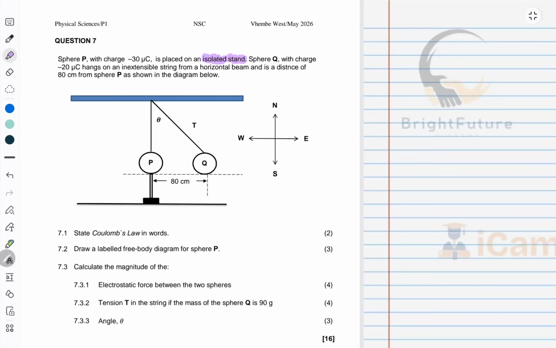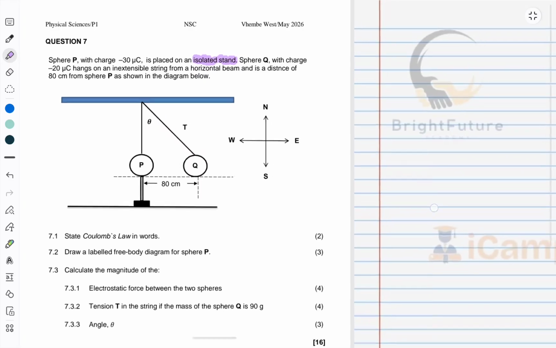Sphere Q with charge minus 20 coulombs hangs on an inextensible string from a horizontal beam and is at a distance of 80 centimeters from sphere P, as shown in the diagram below. Nice. State Coulomb's law in words.